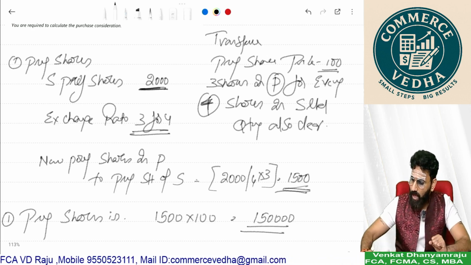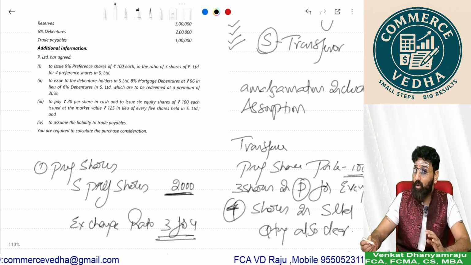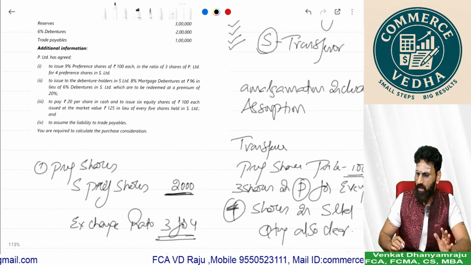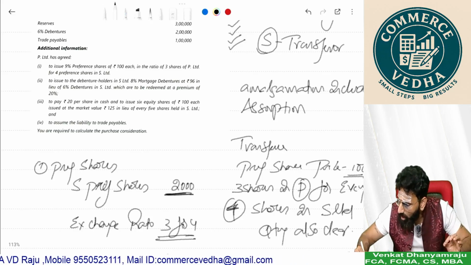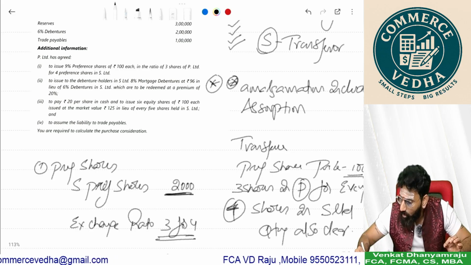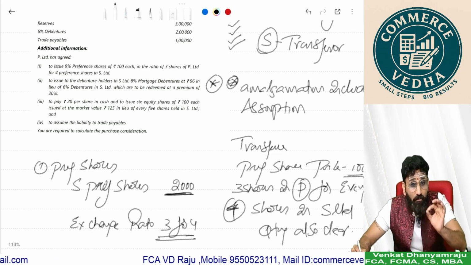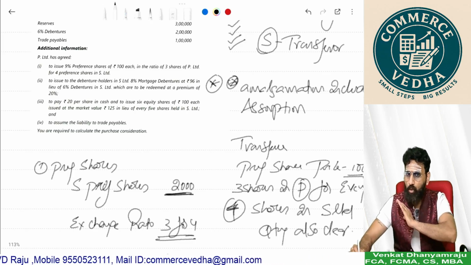Now, the other point says to issue to the debenture holders of S. The minute we hear debenture holders of S, it is not purchase consideration. Why? Because we know any form of consideration is paid or payable to the shareholders, not to the debenture holders.